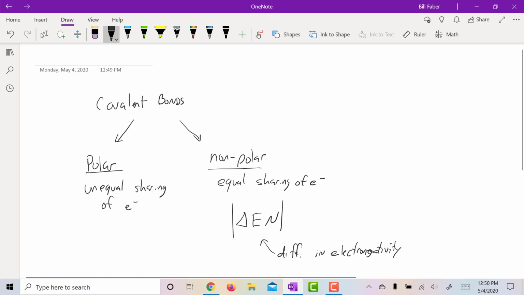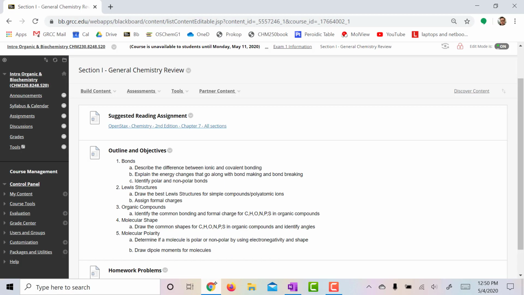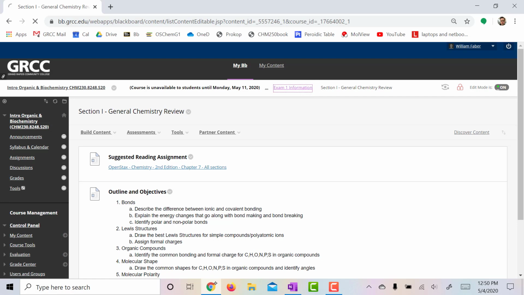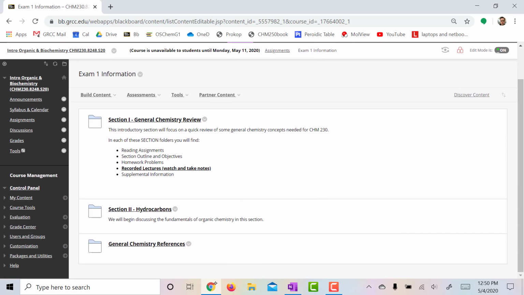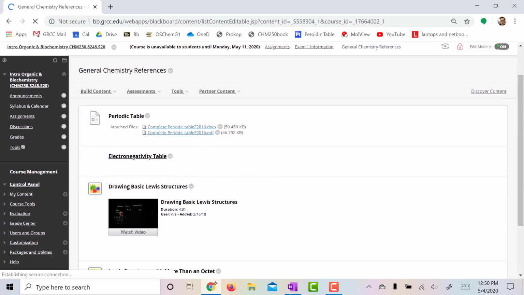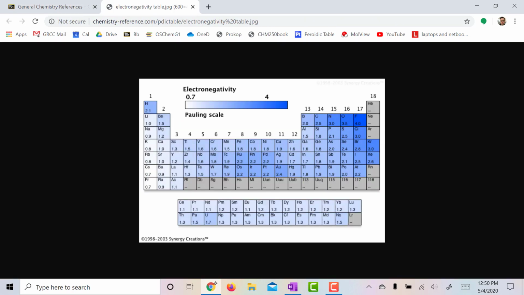If that difference in electronegativity is less than 0.5, we consider that a nonpolar bond. So back in Blackboard, if you're looking at this exam 1 information, if you go down to references, I gave an electronegativity table here, a link to it.